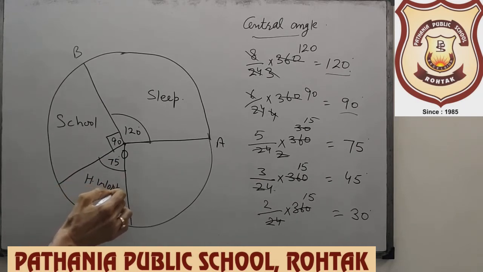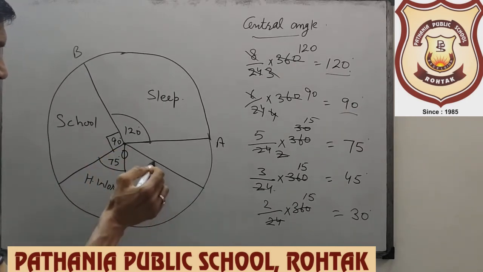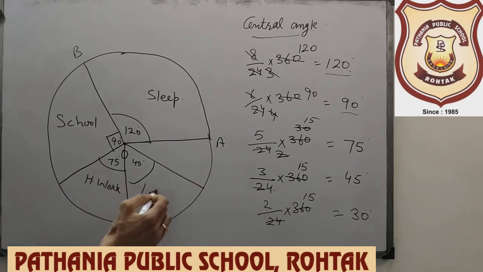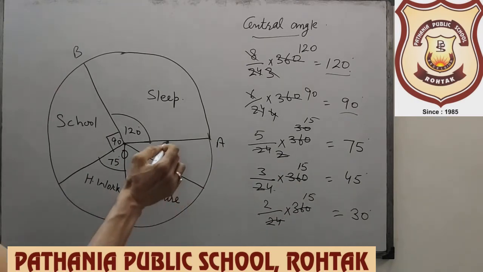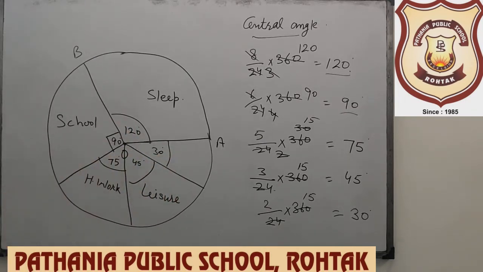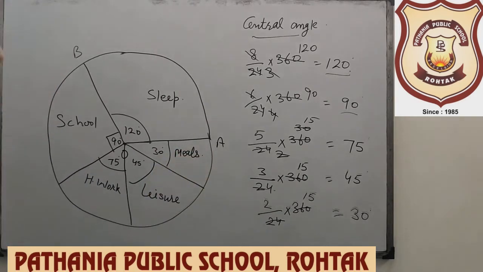Now next angle is 45 degrees, for leisure. And the remaining angle is automatically 30 degrees, it will remain by itself. No need to draw it. Write the title for this: it is meals. So this is the way to draw the pie chart.